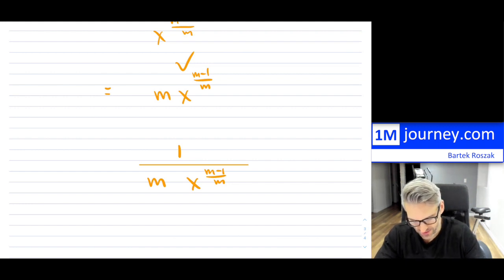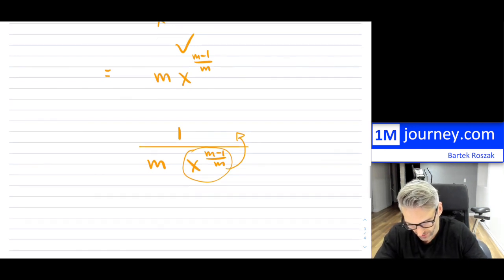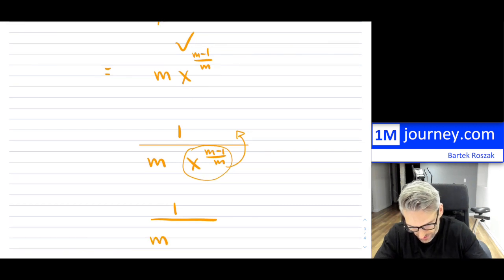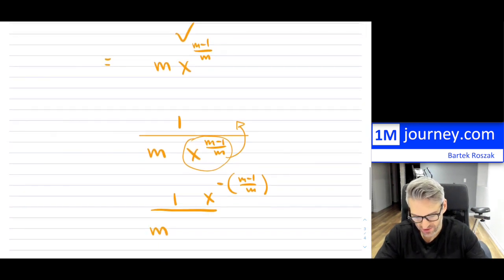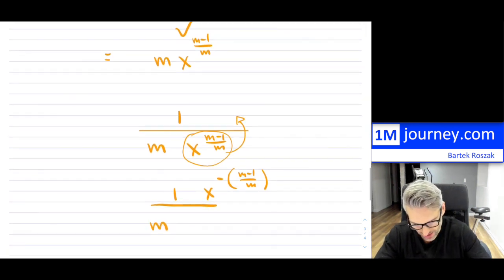If I bring this up to the numerator using the exponent rules, I would get 1 all over m, and this just becomes x to the negative m minus 1 over m.